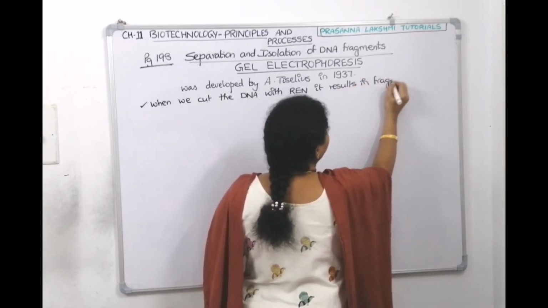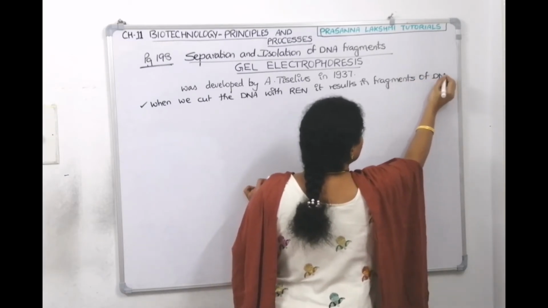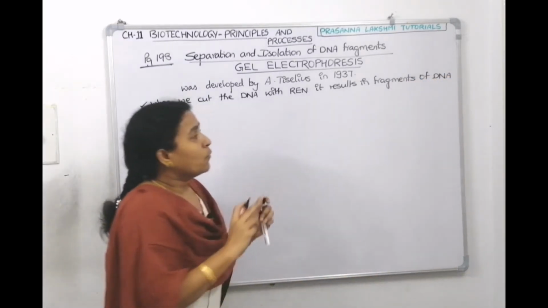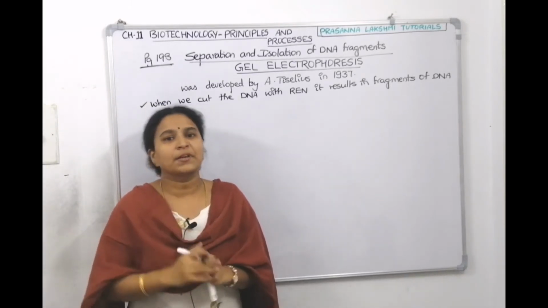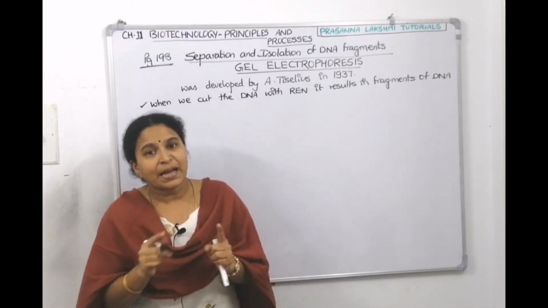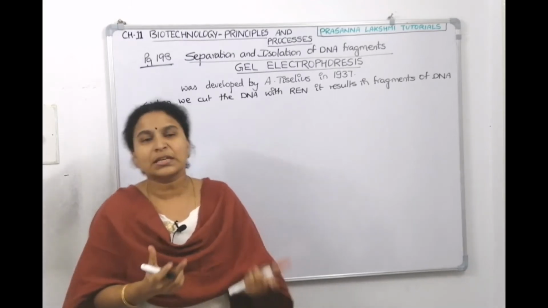We are getting different fragments of DNA. This is how the NCERT starts the topic. When you cut the DNA with restriction enzymes, it results in fragments of DNA. Then these fragments should be separated out by a technique called gel electrophoresis, it says.